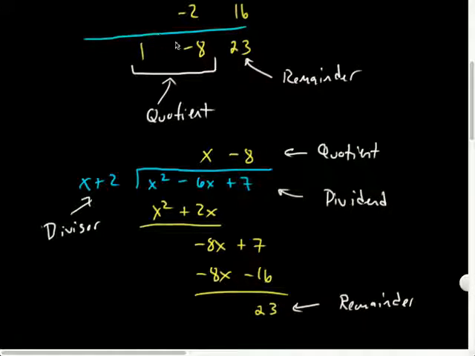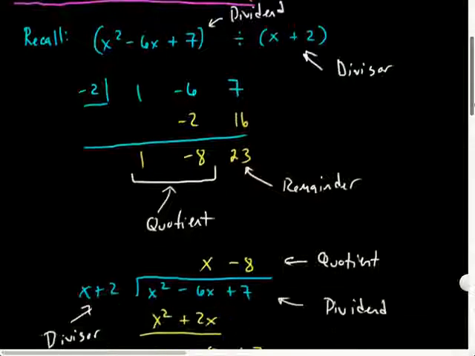I think we got the same thing. This would have been our linear term, so that's the x. This would have been our constant. Subtracting this, yeah, double negative. So it all works out.